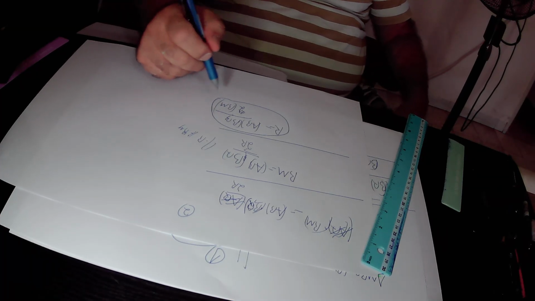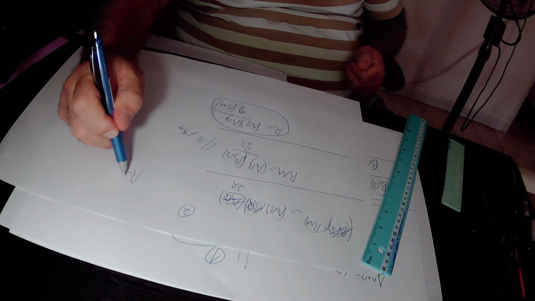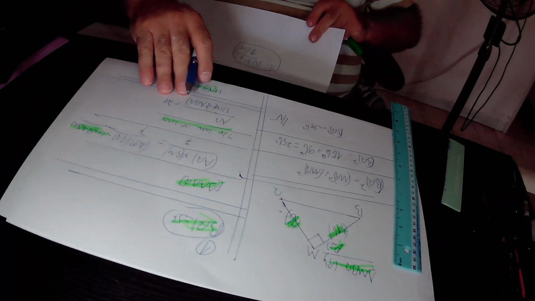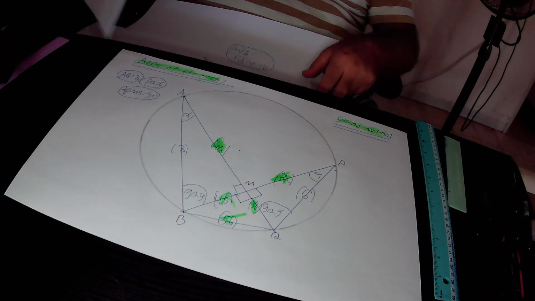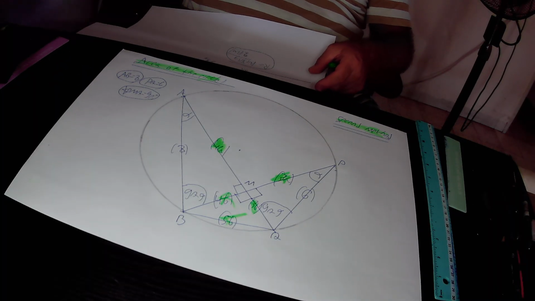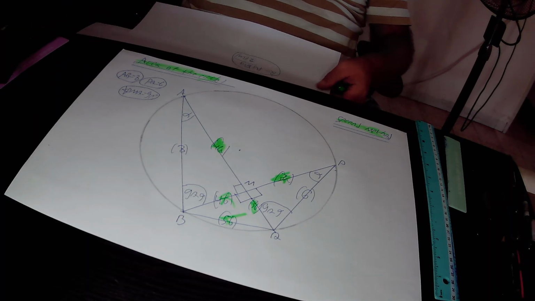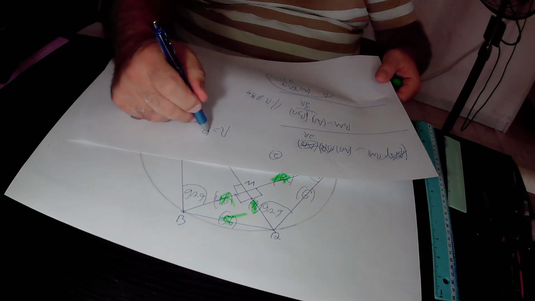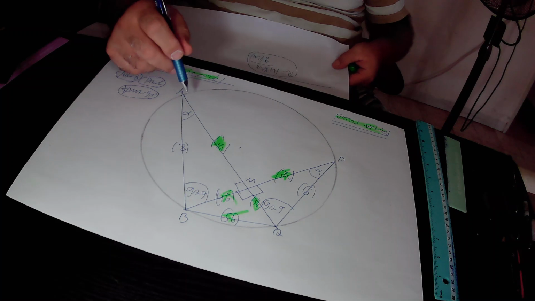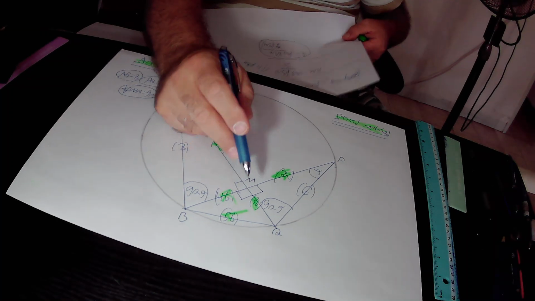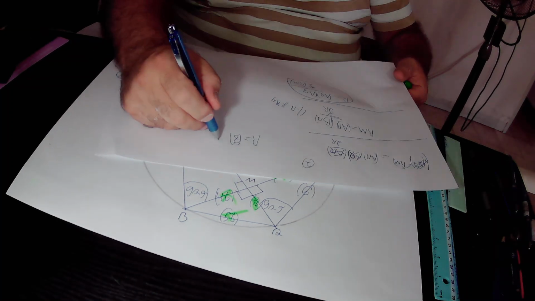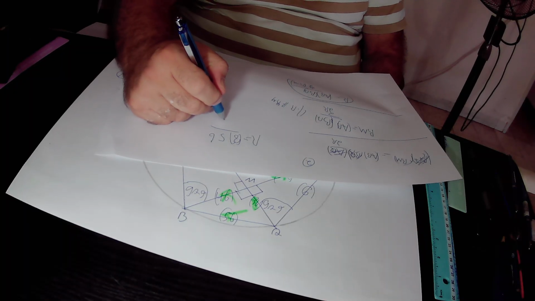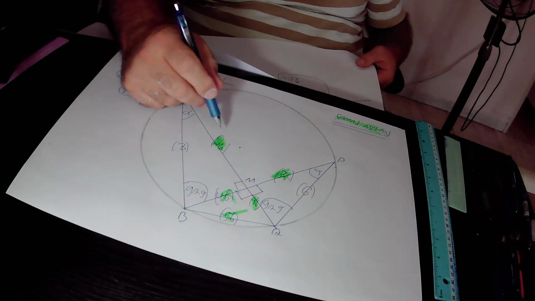So R equals AB, which is 8, times BQ. BQ is 5b, over 2 times BM.